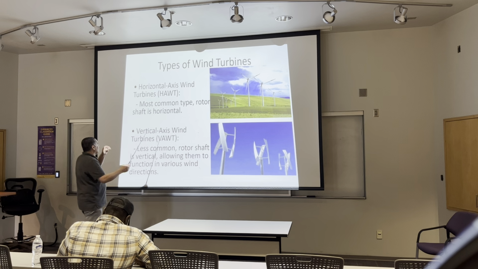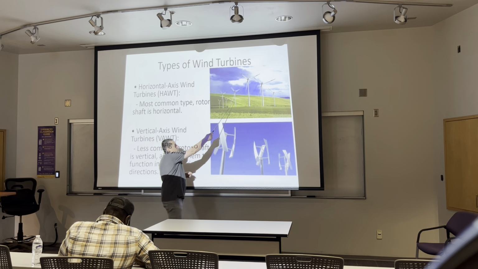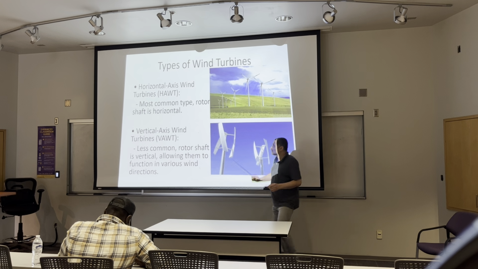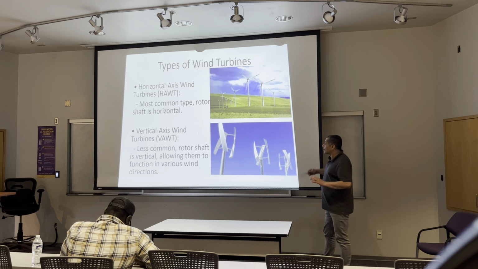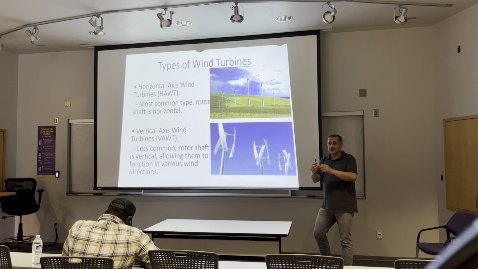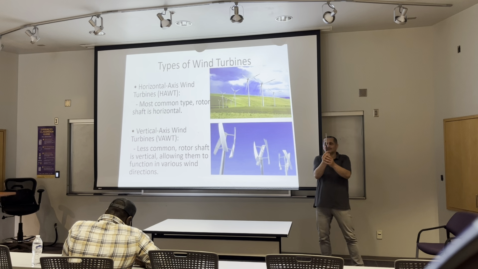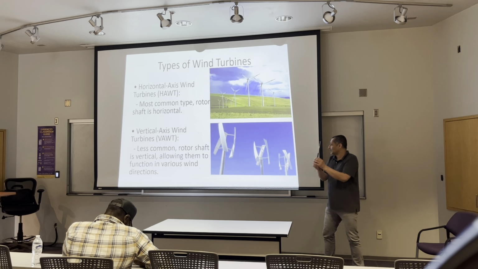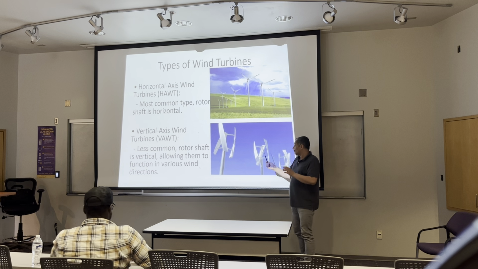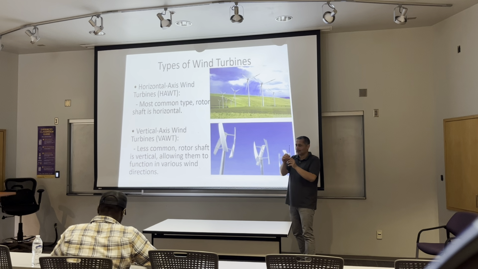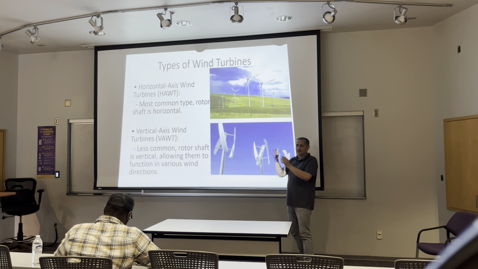This is the commonly used type. While for the vertical type, the rotor is vertical, and this shape has the rotation vertical also. Both the rotor is vertical and the rotation is vertical.